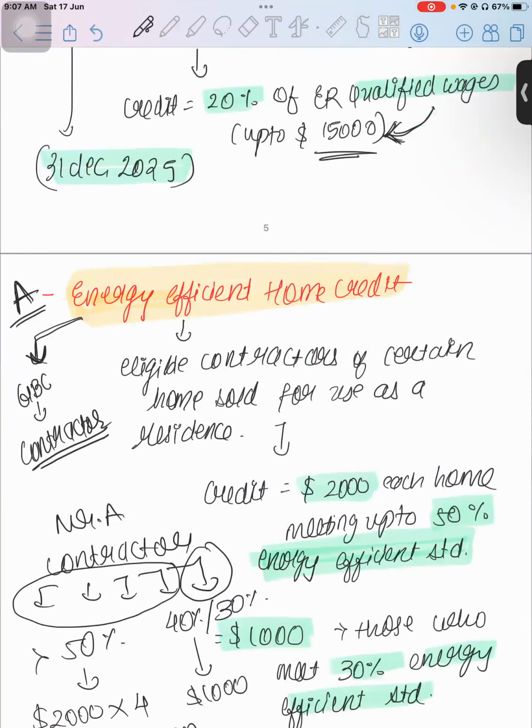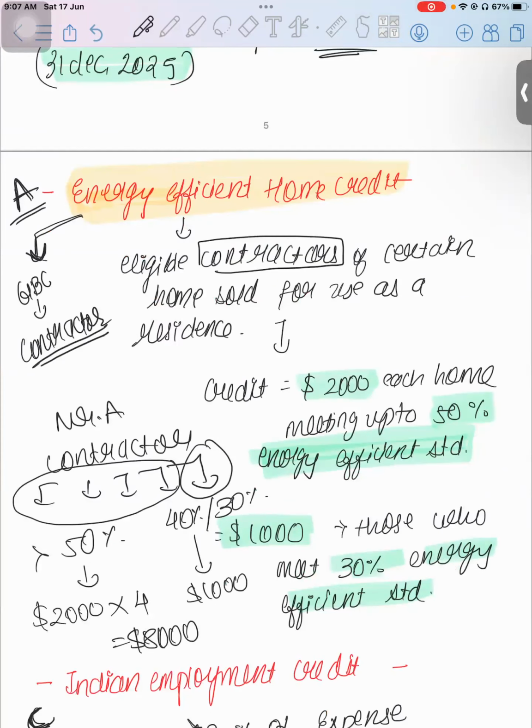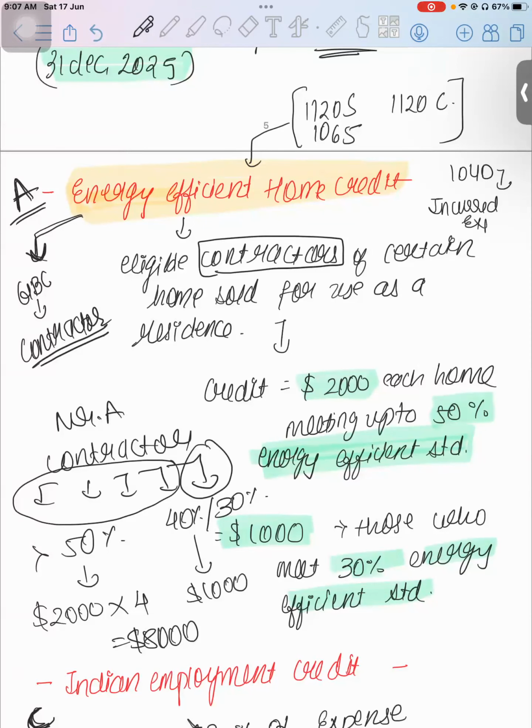So here what happens, this is specifically for contractors. Currently, we are looking from the point of view of business. So if you are filing a 1120 S Corp, 1065, or 1120 C Corp return, then only this will be applicable. But if you're filing a 1040 return, then you will have to see whether that particular individual has incurred any expense which is saving energy.